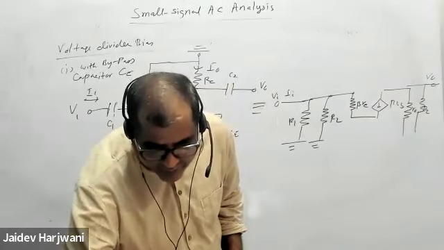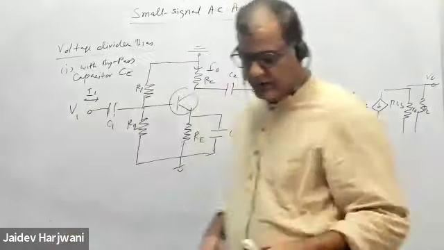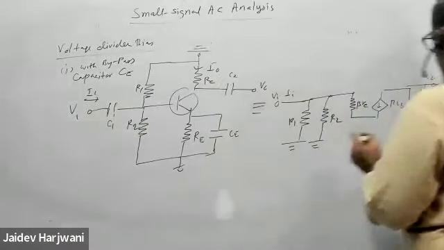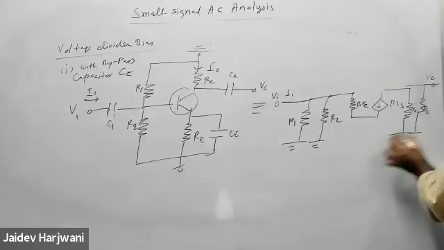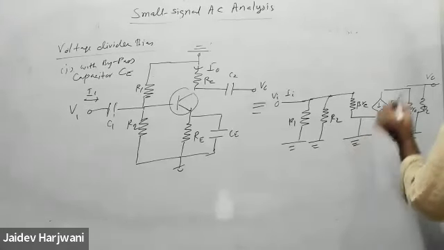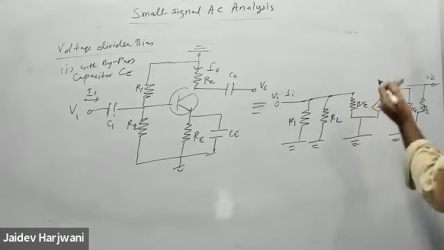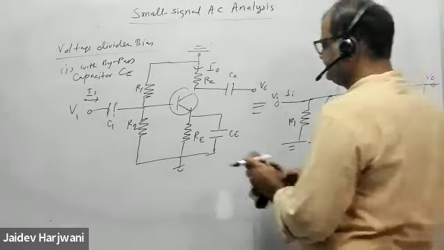So let us solve now. This is grounded. This is also grounded, and this is also grounded. Now, if you want, you can separate it out because both are grounded, so you can directly draw it simple circuit what we done earlier.